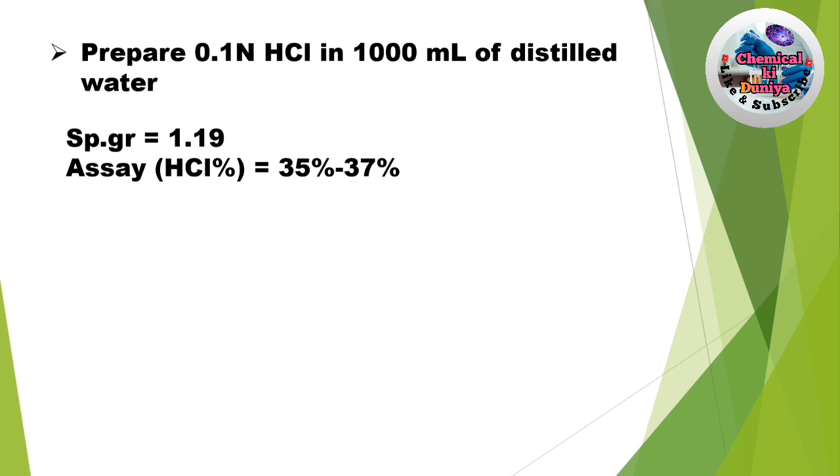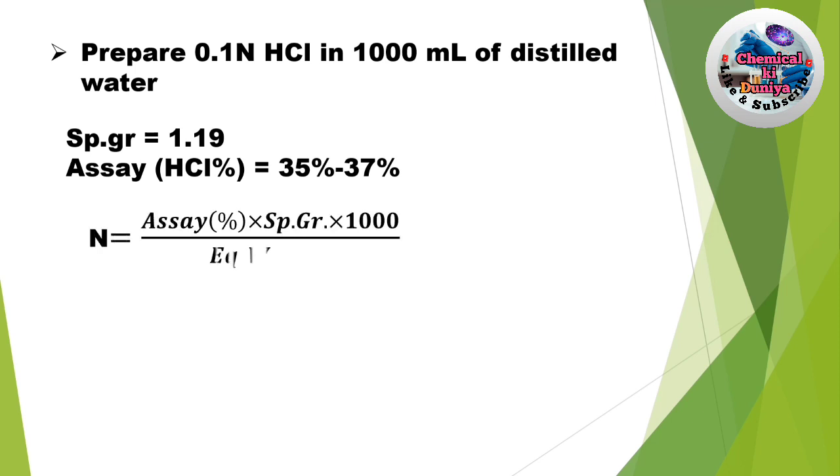So first of all, find out the strength using this formula. N is equal to SA into specific gravity into 1000 divided by equivalent weight. SA and specific gravity are mentioned on the reagent bottle.